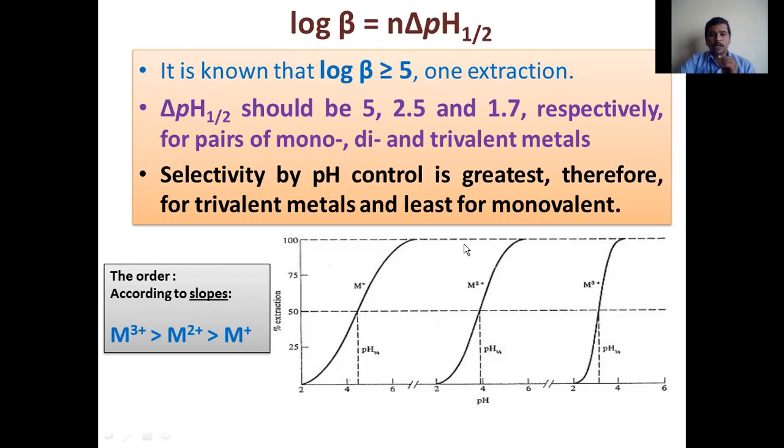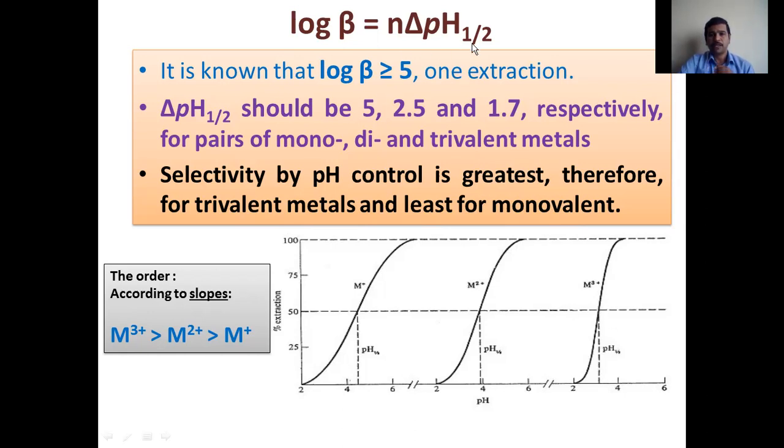Therefore, according to this equation and the graph, trivalent metals can be extracted with more selectivity than monovalent ones, as reflected by the slope values. Trivalent metals can be extracted with the greatest selectivity because the slope value is more for the trivalent ion.